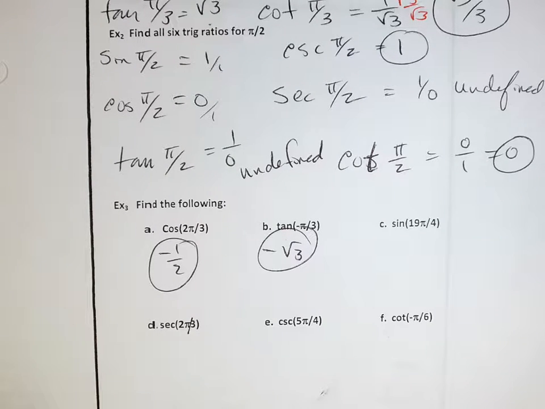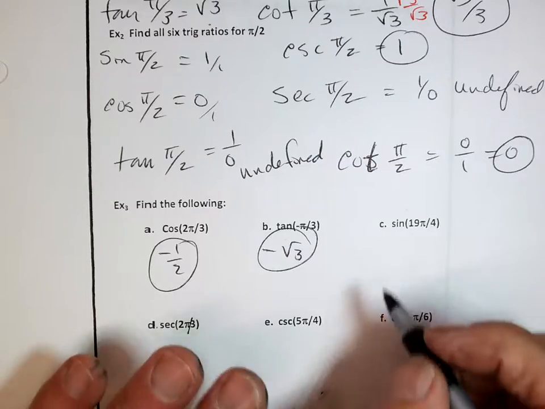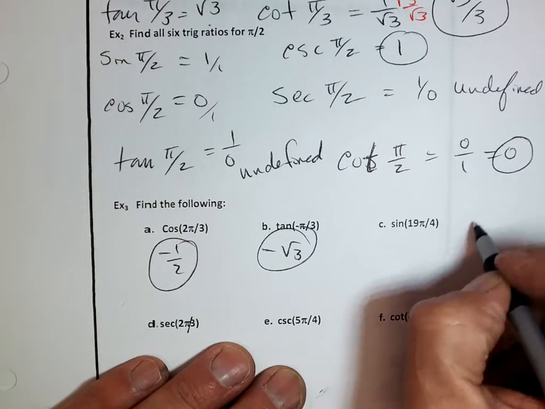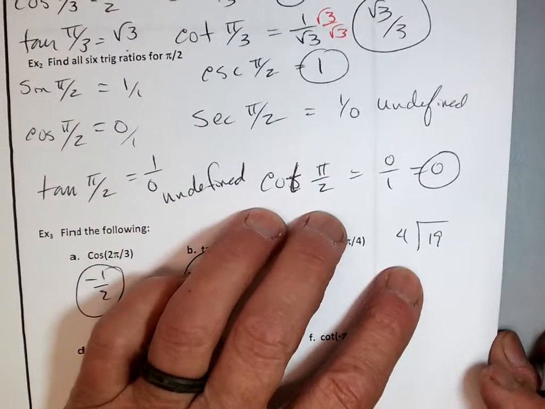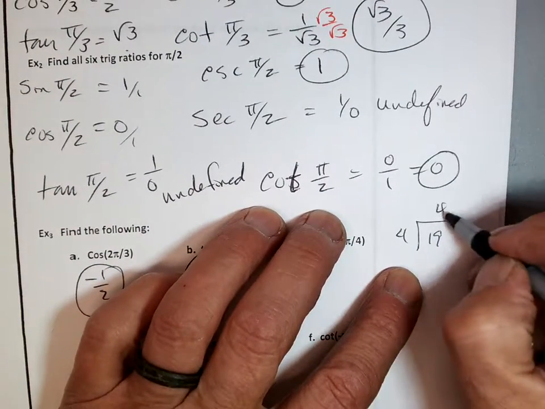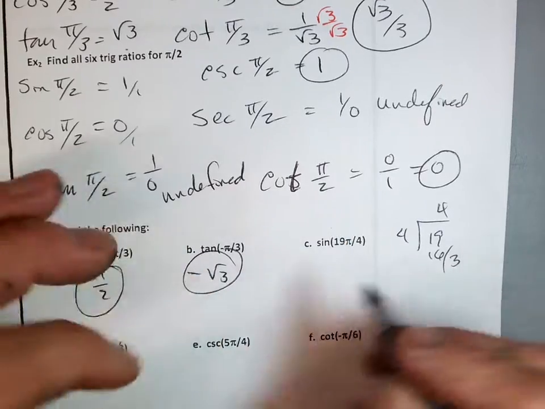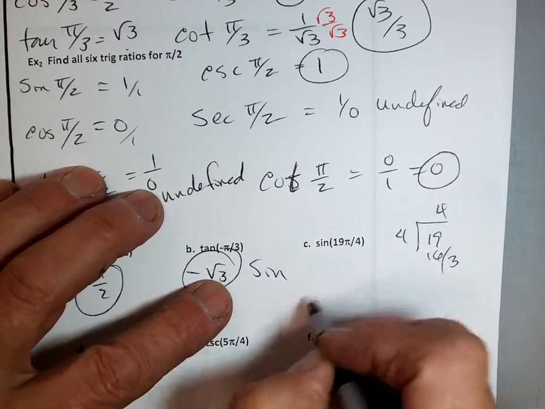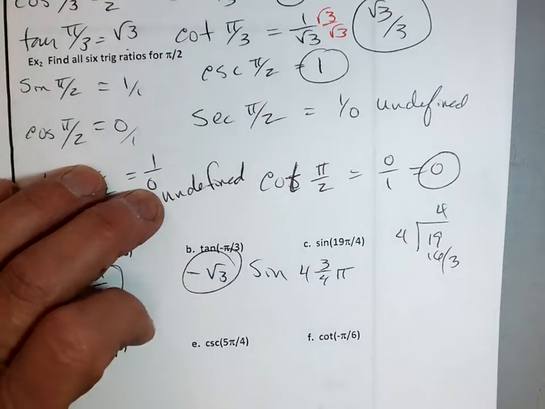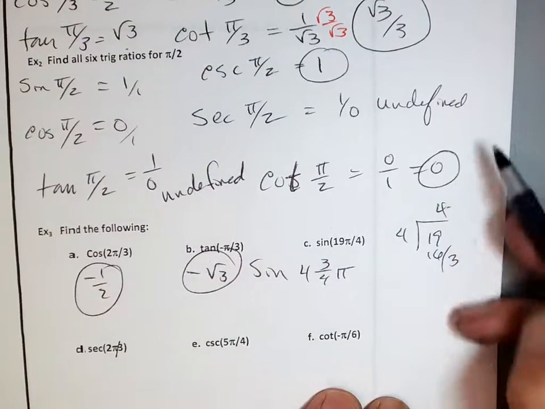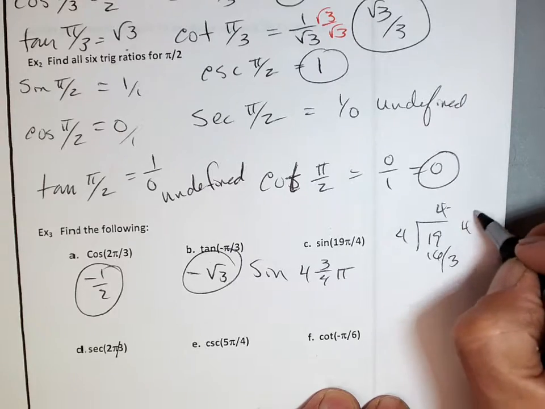Sine of 19 pi fourths. Well, that's not on there, but let's do this. So let's go. 4 goes into 19 how many times? 16 with 3 left over. So the same thing as saying sine of 4 and 3/4 pi. You okay with that? So this is like 4 and 3/4.